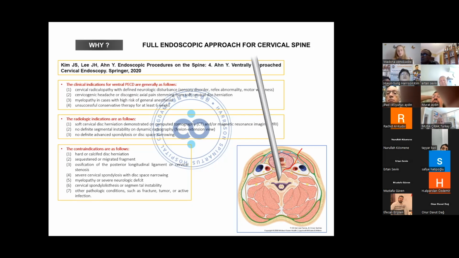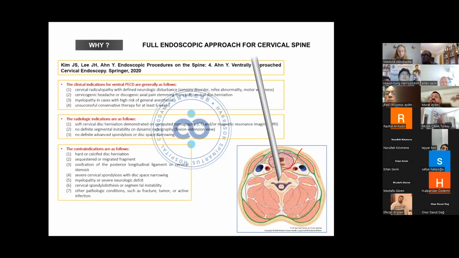And more importantly, the anterior approach has only limited indication. Because of that, so many endoscopic spine surgeons hoped to approach from the posterior, but unfortunately, for so long a time, the endoscopic cervical posterior approach was not developed so much.